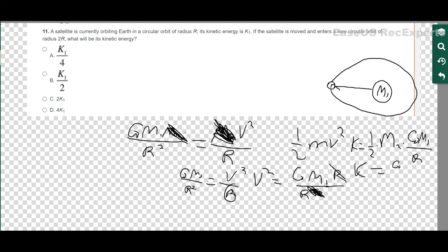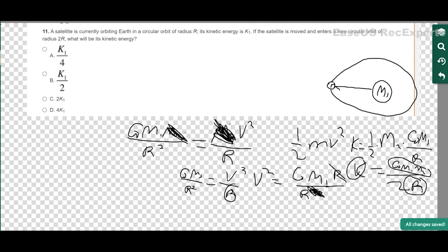You'll get G m1 m2 over 2r. Right, so now we have established an inversely proportional relationship between kinetic energy and your radius, assuming that G, m1 and m2 remain constant, right?